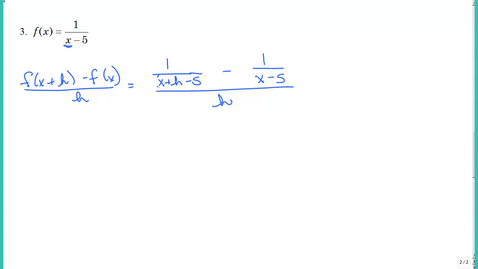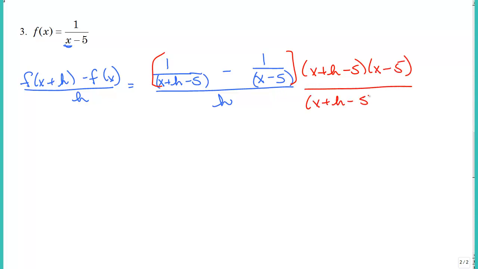So I want you to notice that that is the denominator, that is the denominator. So I'm going to multiply everything by that common denominator. I'm going to take this and multiply by x plus h minus 5 times x minus 5, divided by that same thing.